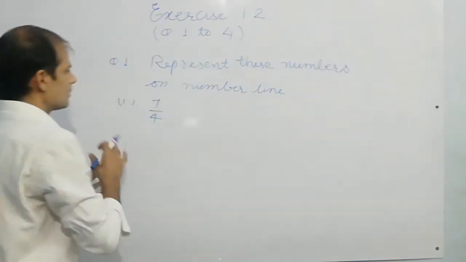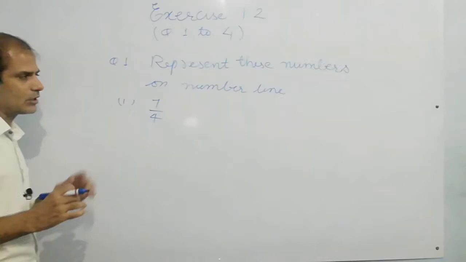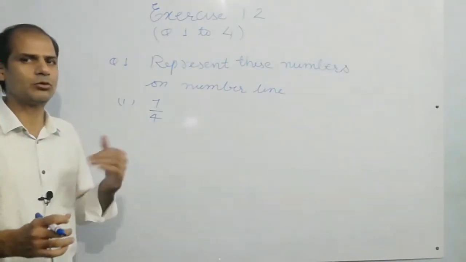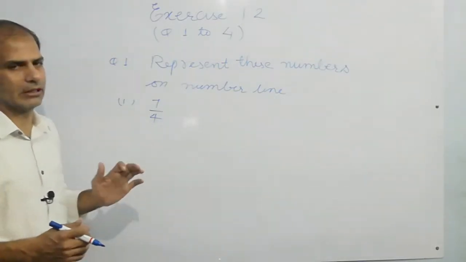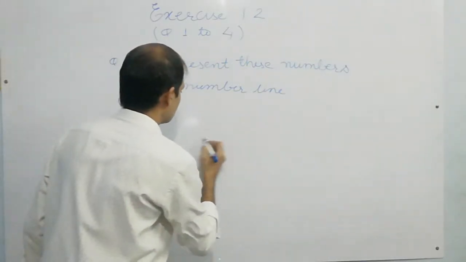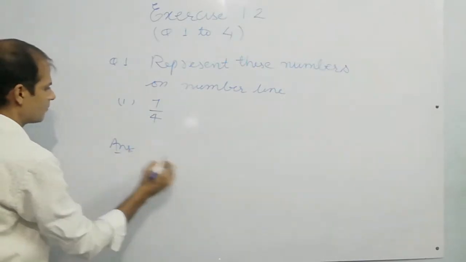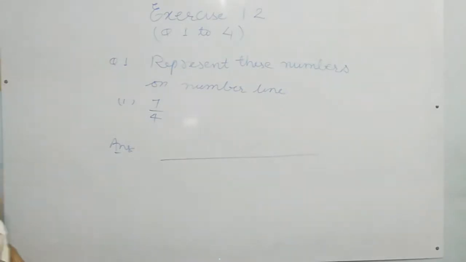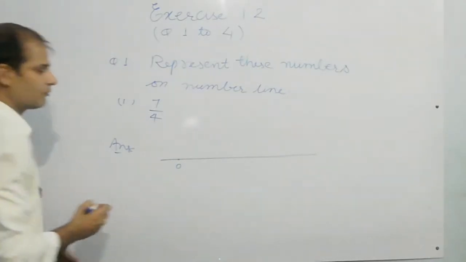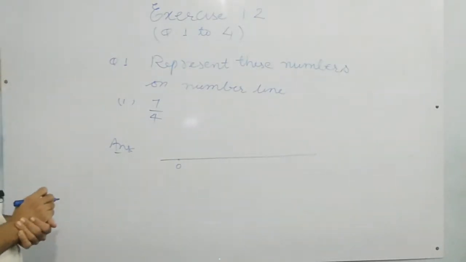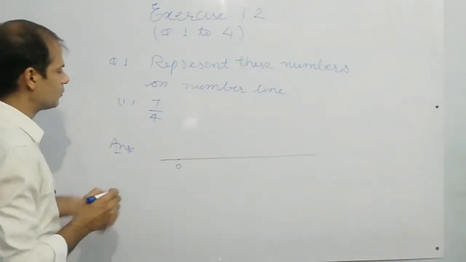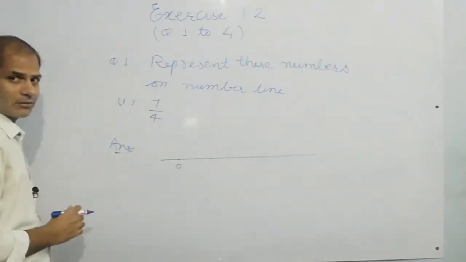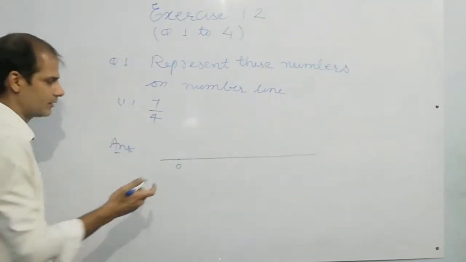Okay, so इसको देखने पे हमें ये फील हो जाना चाहिए कि नंबर लाइन पे ये नंबर 1 के आगे आएगा. ओके, हो सकता है 2 या 3 से आगे हो, बट इट इज ऑलवेज बिगर देन 1. सो द सॉल्यूशन इज ड्रॉ अ नंबर लाइन. ओके, देन स्टार्ट फ्रॉम 0 एंड स्टार्ट राइटिंग द नंबर्स अकॉर्डिंग टू द न्यूमरेटर. ओके, न्यूमरेटर इज 7, so we'll write the numbers up to 7 or 8.